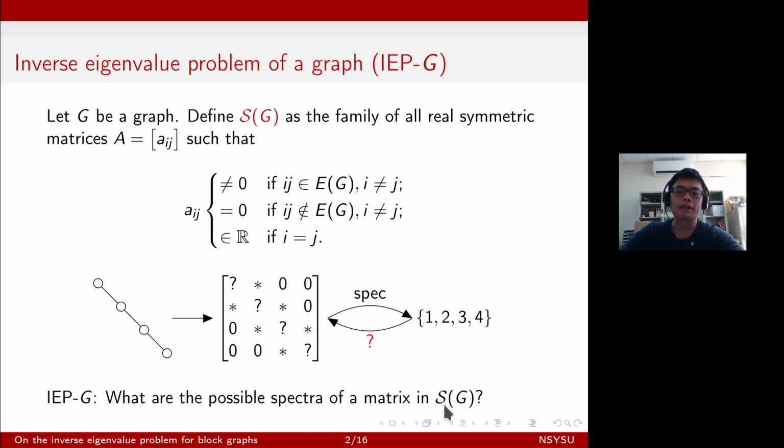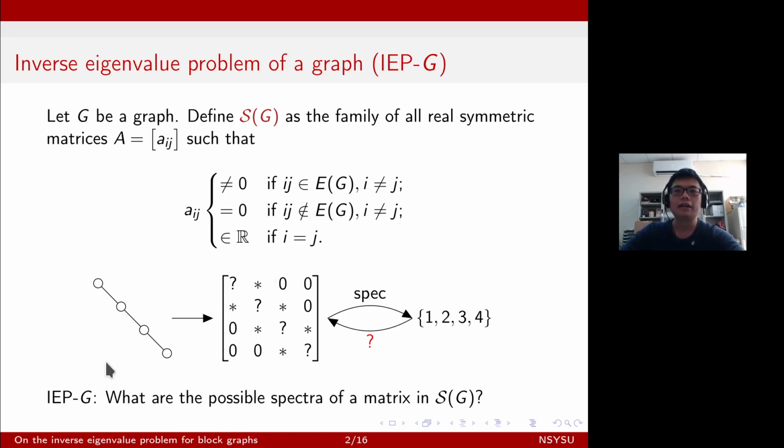So there are several motivations for that from the engineering perspective. You can think of this as a mass spring system, such that each node is a mass and the spring is the edge connecting them. Somehow you don't know the weight of the mass and you don't know the coefficient of the spring. So that's how you come up with this matrix.